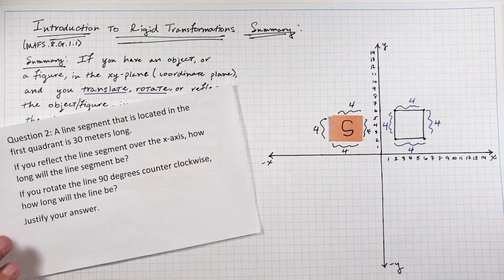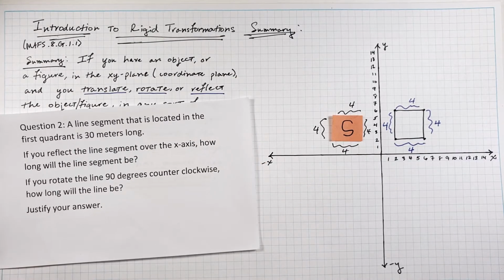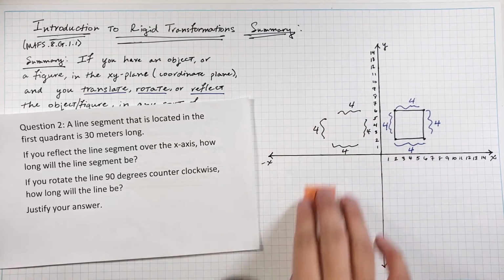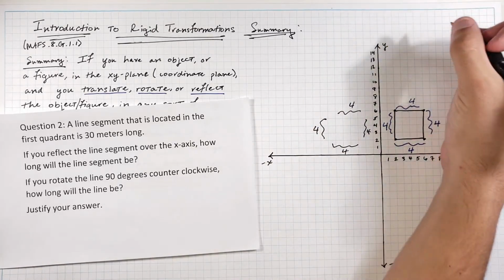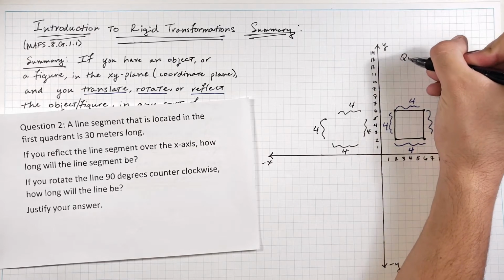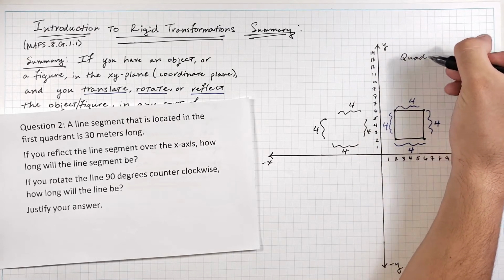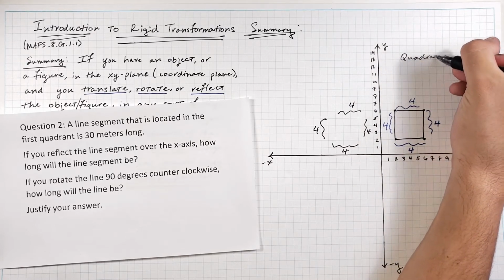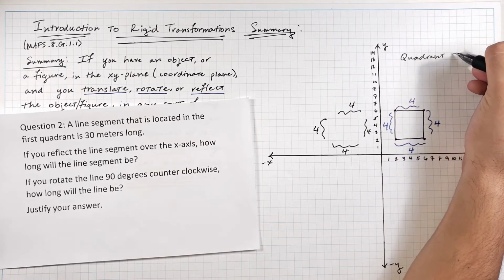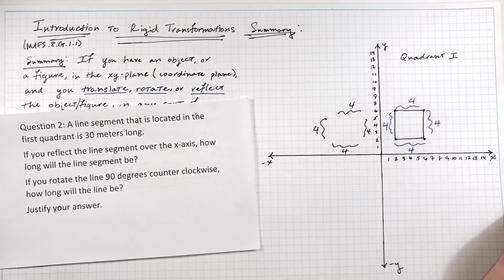This one says a line segment that is located in the first quadrant is 30 meters long. All right, so real quick, let's see what the quadrants are. You guys may have forgotten that. It's okay. This is the first quadrant. We call this one quadrant 1. We use Roman numerals to do it.